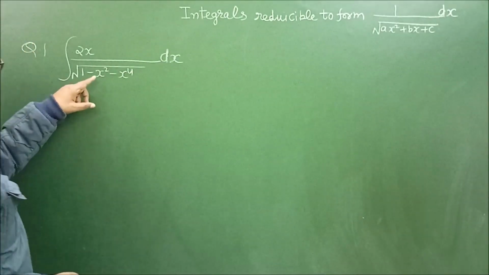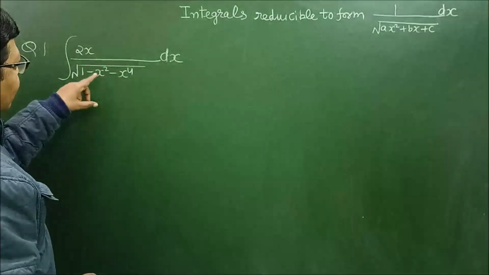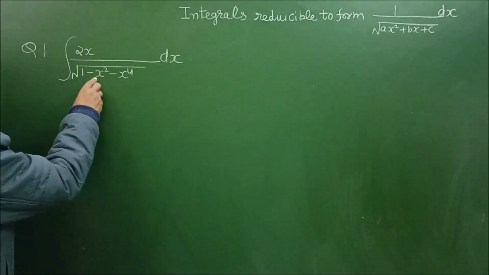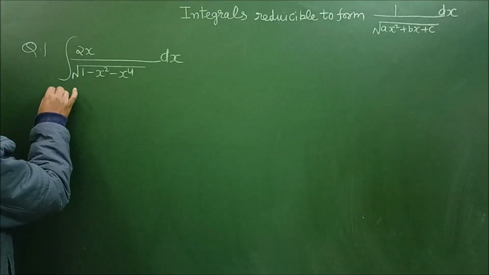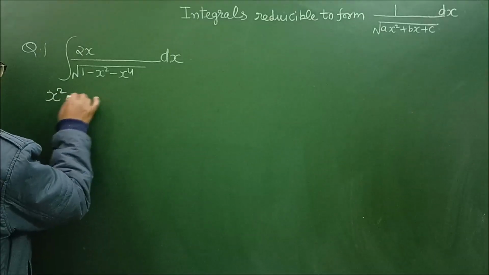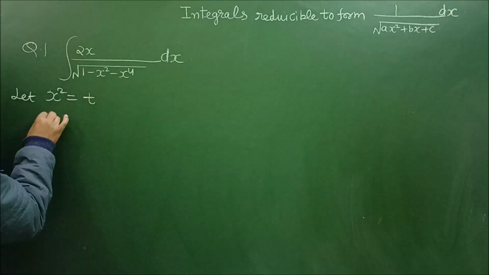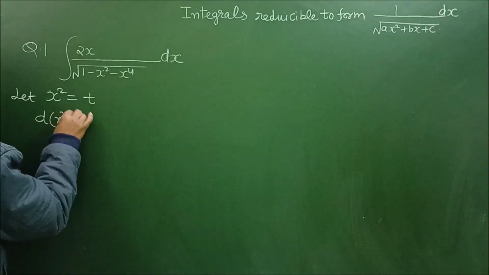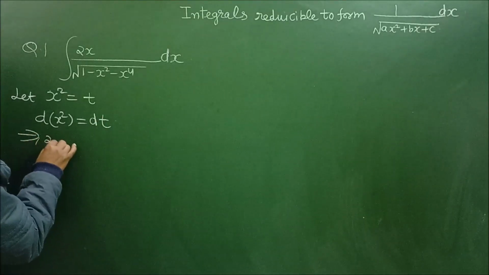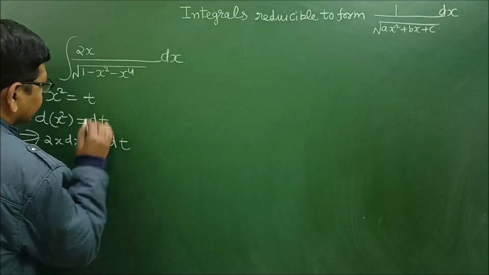Now this integral, from a general observation, can be reduced to this form if I take x square equal to t, because the derivative of x square is in the numerator. So let x square equal t. Differentiating, 2x dx is equal to dt.